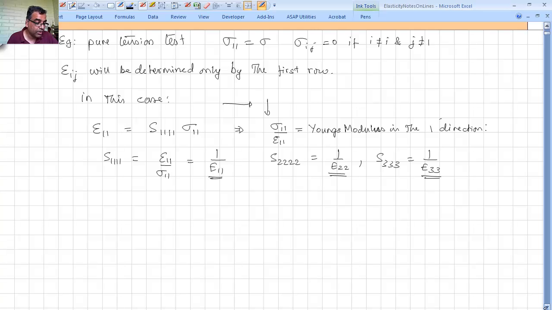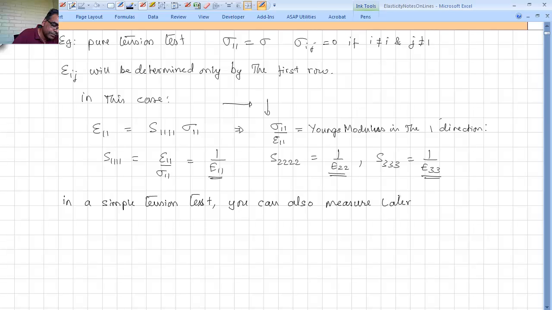But you can get even more than that. In a simple tension test, you can also get lateral strain.